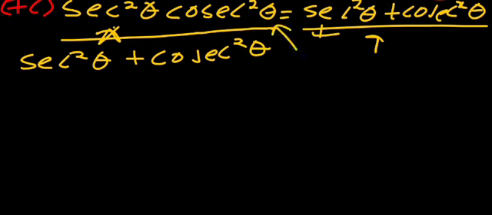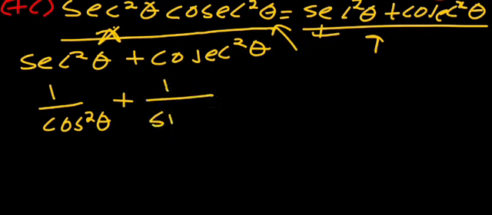Here we are going to use the trigonometric inverse identities. So we are going to rewrite secant squared theta and cosecant squared theta. Secant squared theta is equal to 1 over cos squared theta, plus cosecant squared theta, which is equal to 1 over sine squared theta.